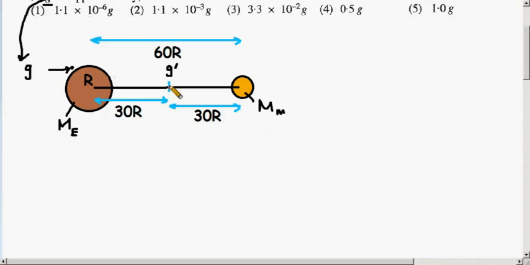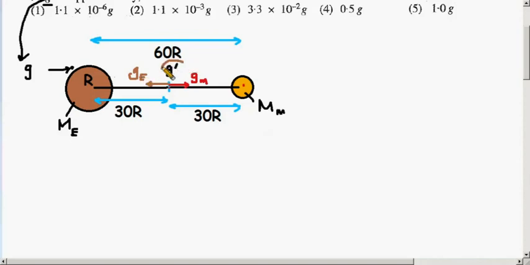At this point there are two accelerations. One is given by this Moon. It is an attraction this way, so we denote it by g_M. Then there's another acceleration given by this Earth this way, that is also an attraction, denoted by g_E.